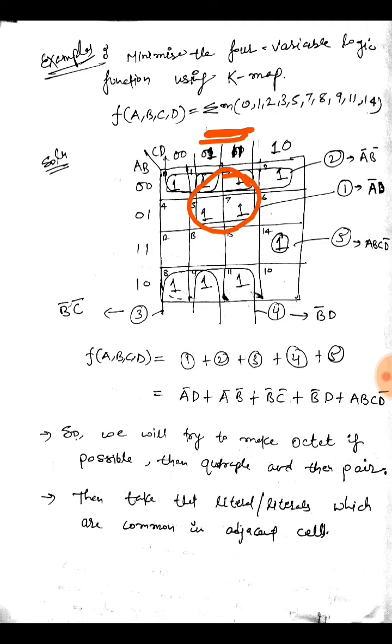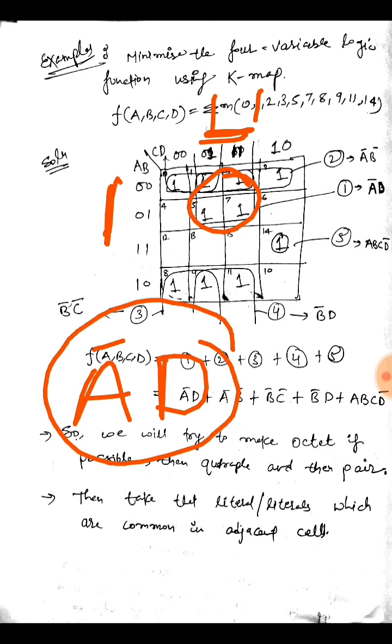C is changing from 0 to 1 and D is same, so it would become A bar D, as A is 0 and D is 1, so it would be A bar D. So we will be having only two variables for a quadruple.